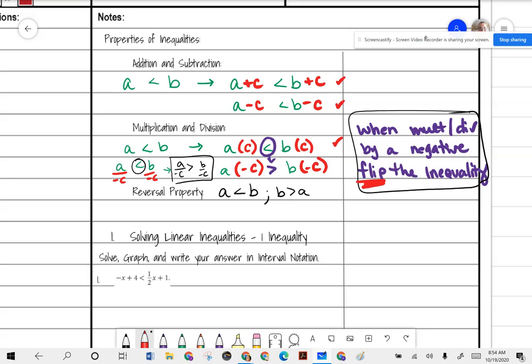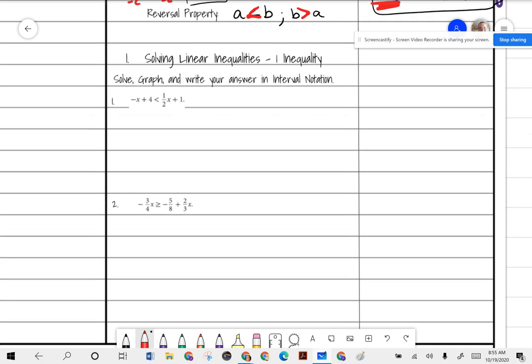Flipping is actually the better word in terms of multiplying and dividing, because you are just flipping the inequality, whereas reversing says not only are you reversing the inequality, you're reversing the numbers that go along with it. So we want to make sure that whatever the inequality is pointing to in the original, it is still pointing to that number after you reverse it.